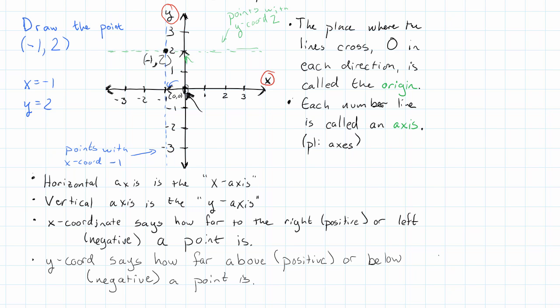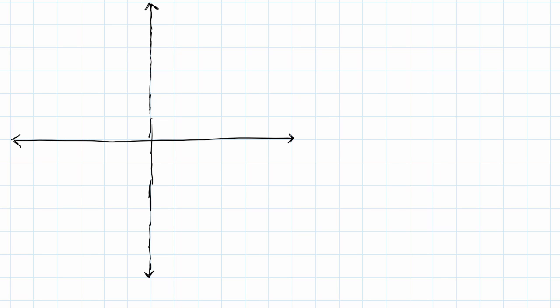Alright, let's see another example and see the way that we usually go about finding a point. So here I've drawn a pair of lines. I'm going to label the horizontal one x, the vertical one y.